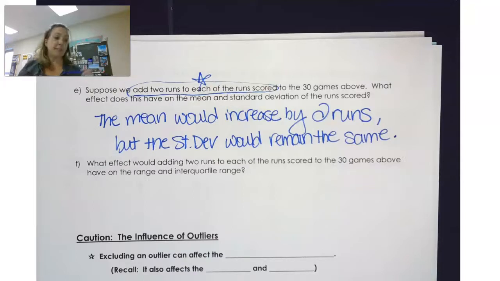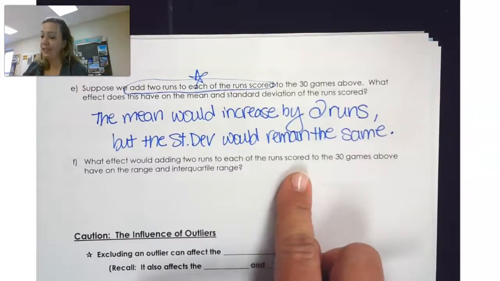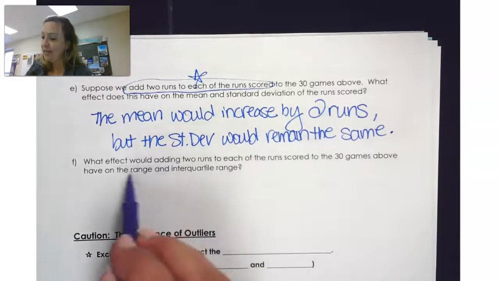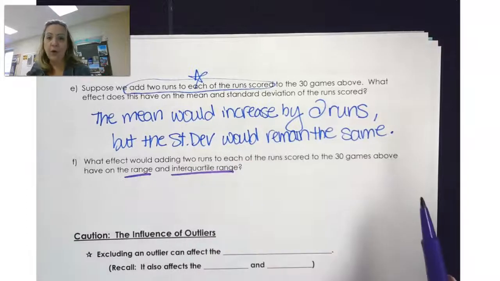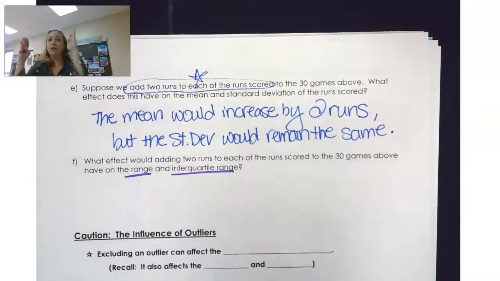And speaking of the spread, what effect do you think adding 2 runs to each of the runs scored to the 30 games has on the range and the interquartile range? Well, aren't these also measures of spread? So the spread isn't changing. If you're changing all the values, your spread is staying the same.